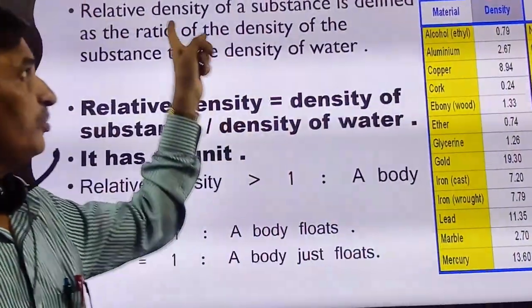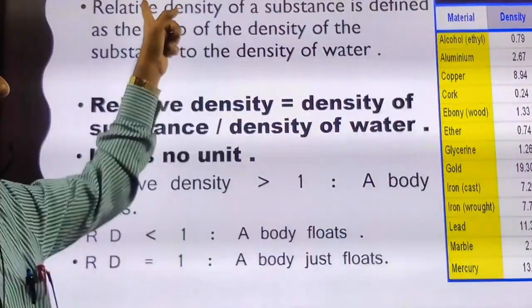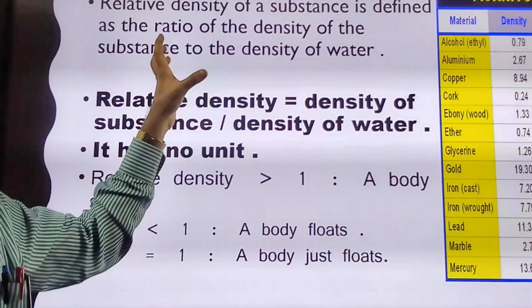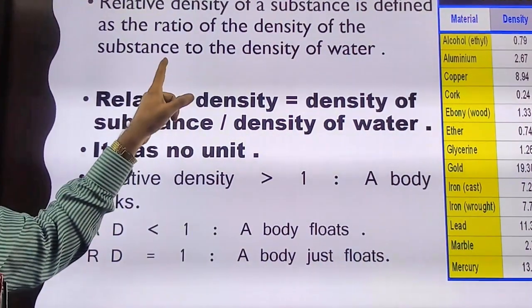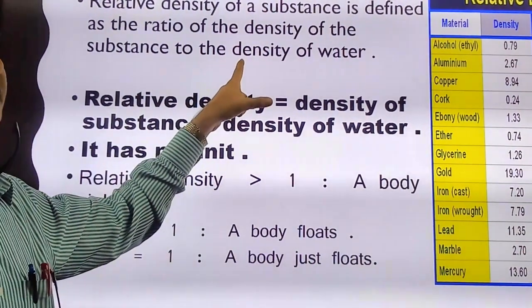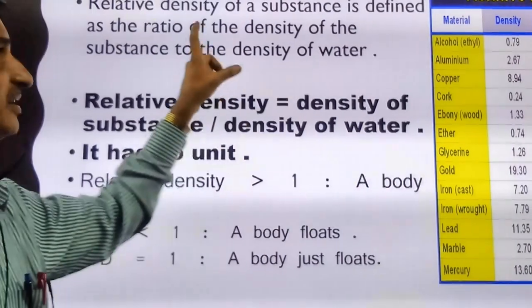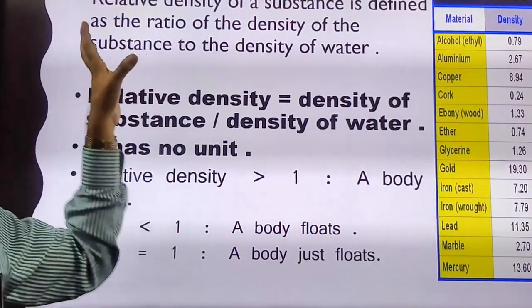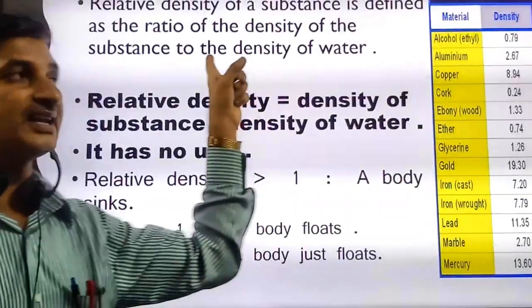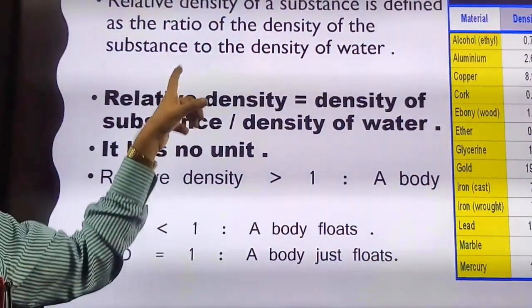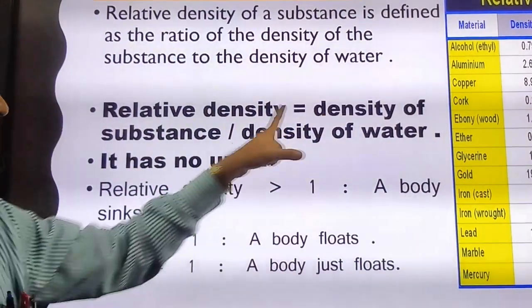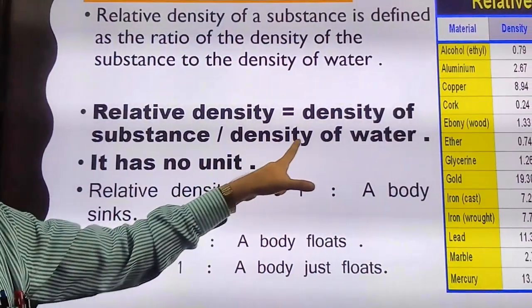Due to this, we have made a special term, relative density. In this term, we take the ratio of two densities, where one substance should always be water. What is its definition? Relative density of a substance is defined as the ratio of density of the substance to the density of water. Relative density is equal to density of substance upon density of water.